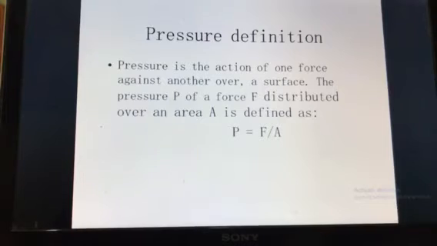Now what is the basic difference between pressure and stress, as we discussed in earlier lectures? Stress is the internal resistance offered by a material against an externally applied force, and pressure is the normal force per unit area.